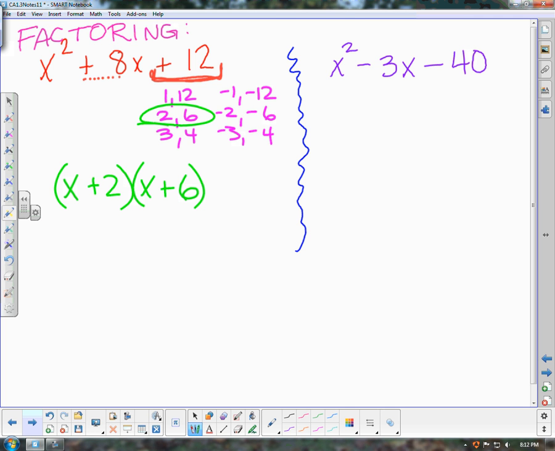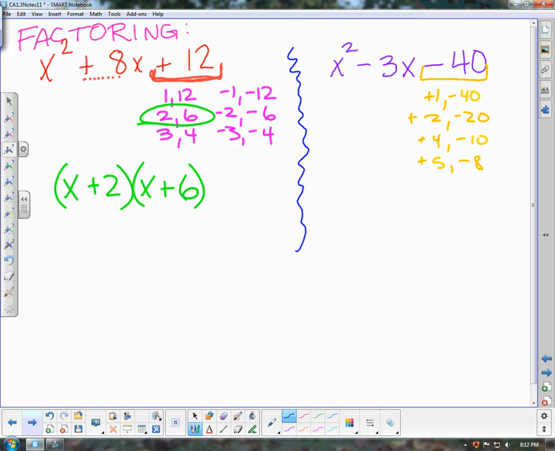And then with this one here, same thing, except now we have a negative 40 that we have to get. So now we have a positive and a negative. So positive 1, negative 40, or you can switch them, positive 2, negative 20, positive 4, negative 10, positive 5, negative 8. And like I said, you can switch all of those.